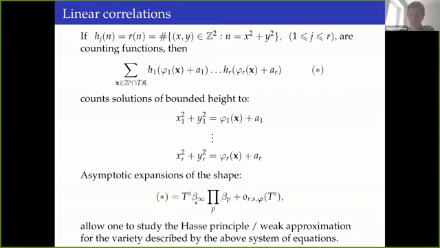As soon as there are local solutions at all places, you can choose your parameter t sufficiently large for the main term to dominate, and then you know that you have a positive quantity here. So star has a positive contribution, which means there must be a solution to the system of equations.